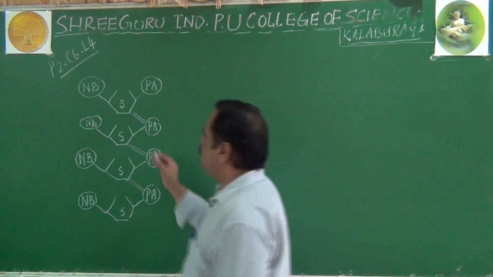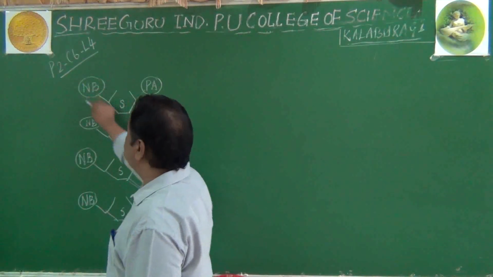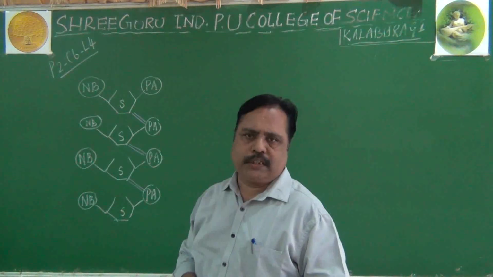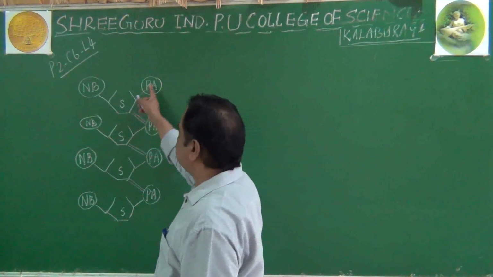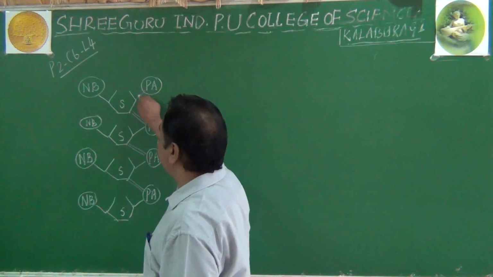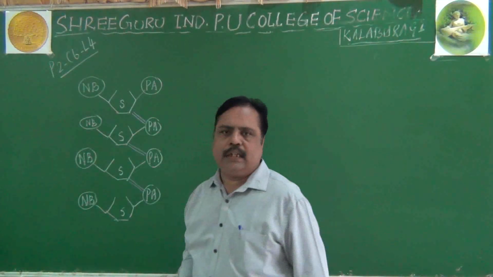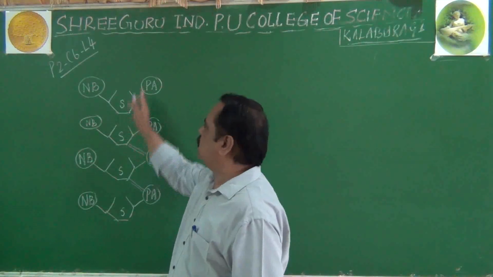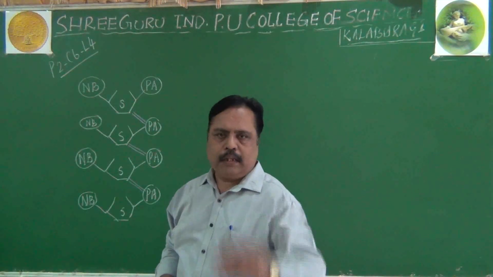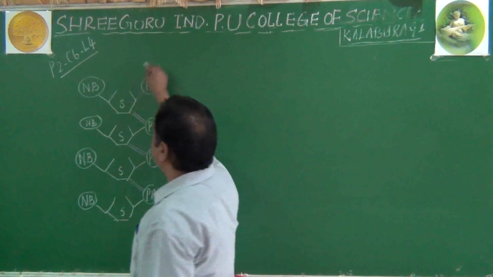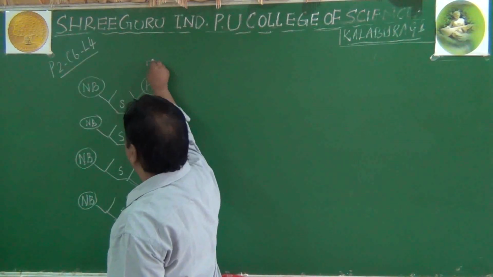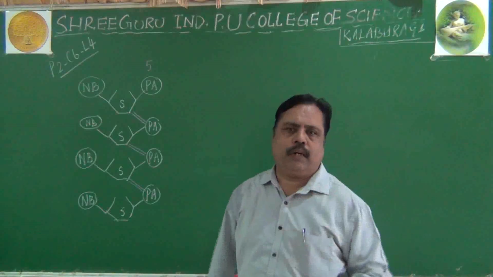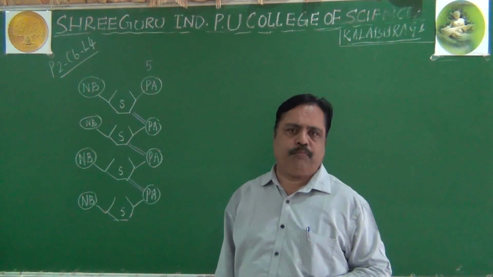If you observe this first nucleotide, the topmost nucleotide will be having phosphoric acid alone. There won't be further formation of phosphodiester bond here. The fifth carbon atom of the first sugar molecule will remain vacant. It will no longer form any phosphodiester bond.